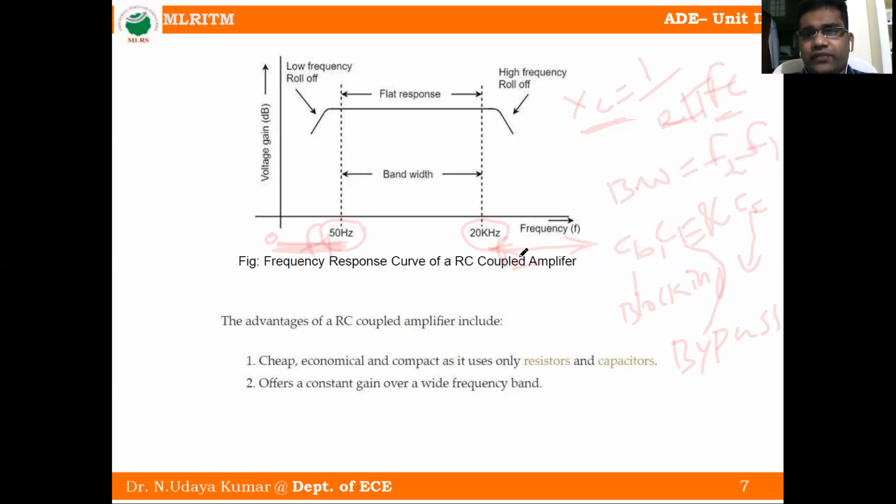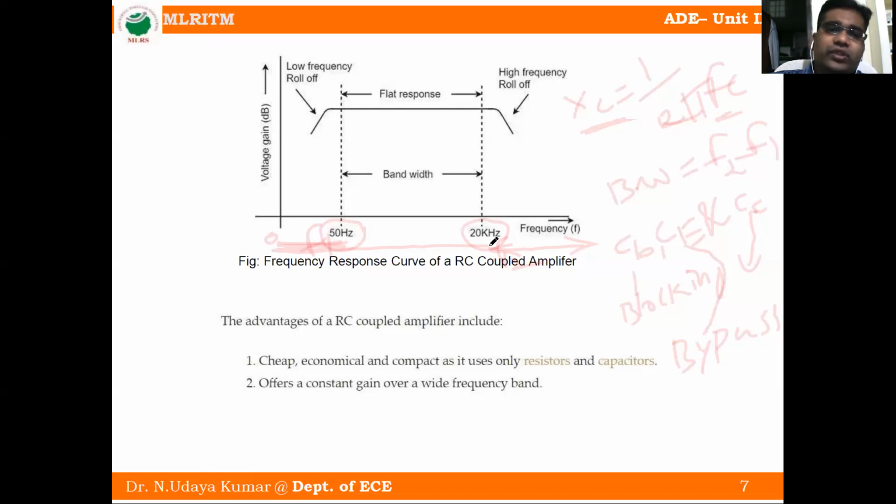Because of the loading effect, the curve rolls off or decreases. So between 50 Hz and 20 kilohertz, we get the flat region. This is the required region, where the transistor can be used as an amplifier. This is the frequency response curve of RC coupled amplifier, frequency versus voltage gain.